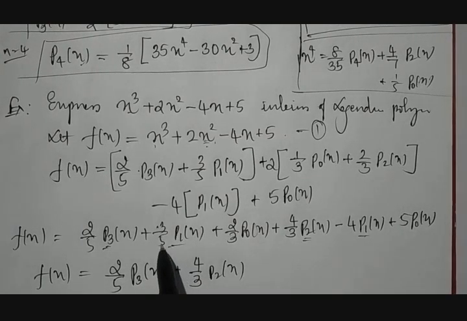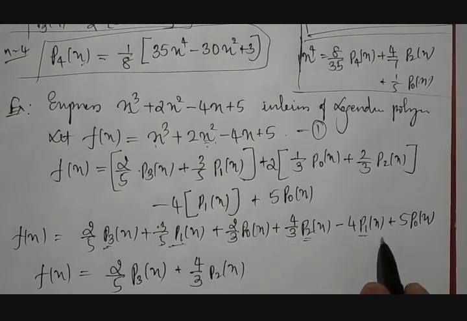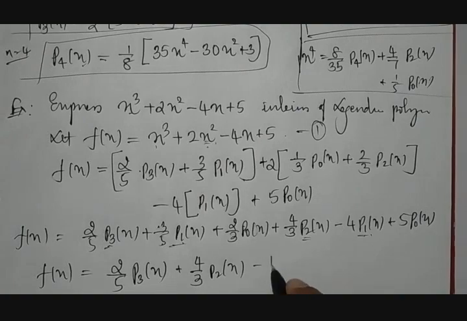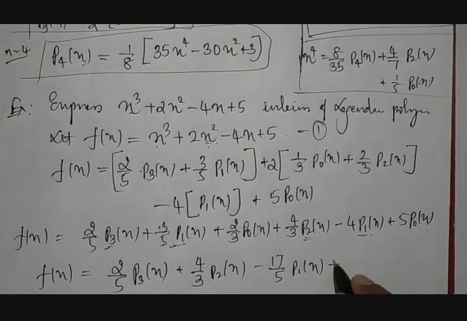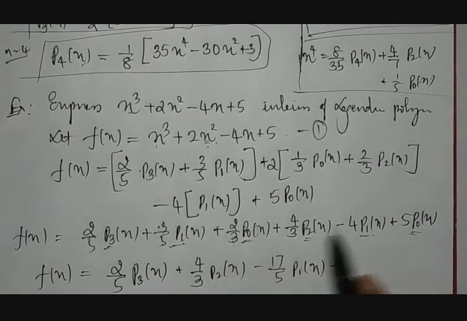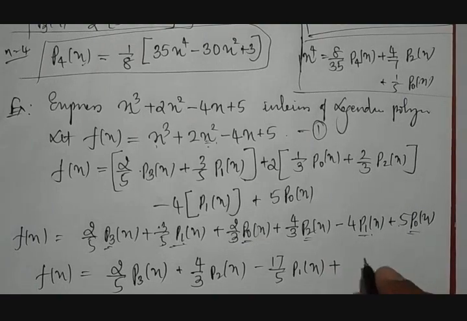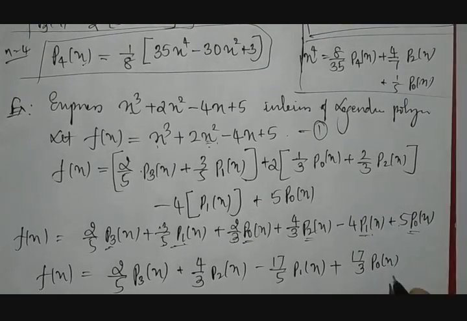So 3 divided by 5 minus 4. If we calculate this minus this, it becomes minus 17 divided by 5 p1 of x. Plus p0: there are two terms, 2 divided by 3 plus 5. If we add all together, it becomes 17 divided by 3 into p0 of x.